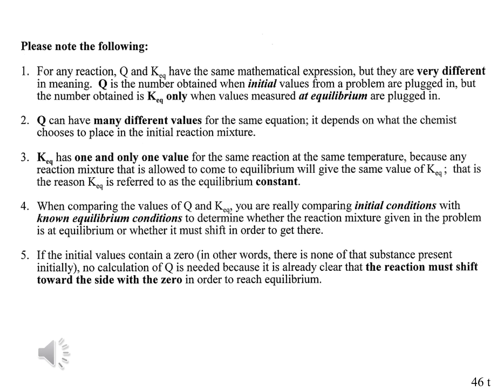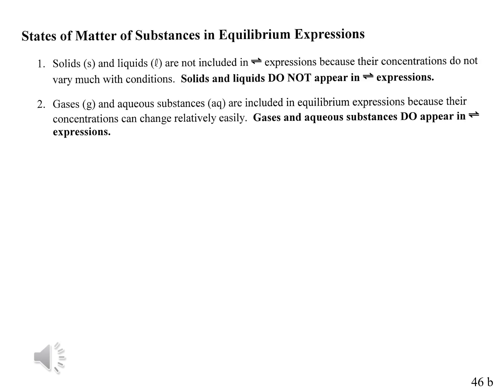But you never have to do that, because if you have a 0 on one side or the other, you already know before you start that you have to shift towards the 0, so you don't need a Q value. Now this is something that you wouldn't know unless I just told you, and so this is a convention that chemists have adopted: you're only supposed to put into an equilibrium expression things that can change easily.